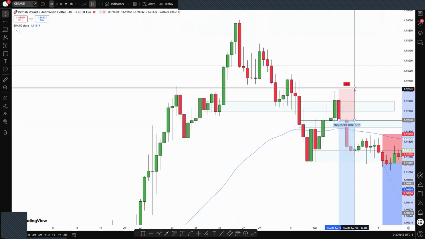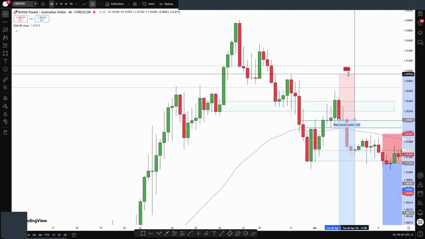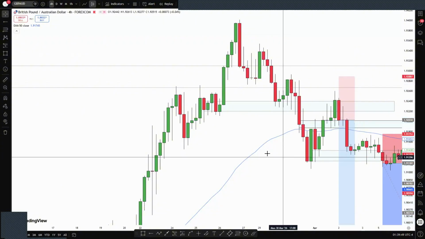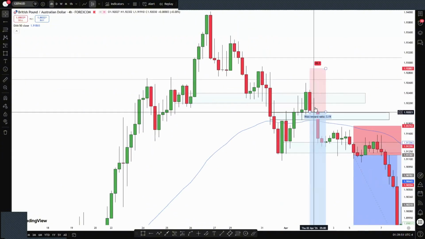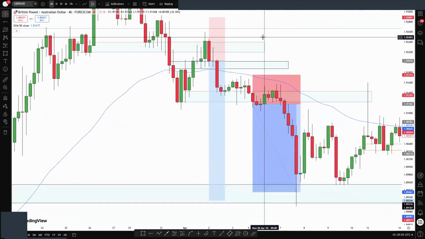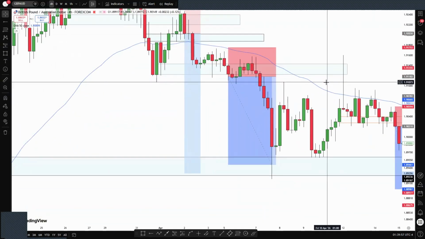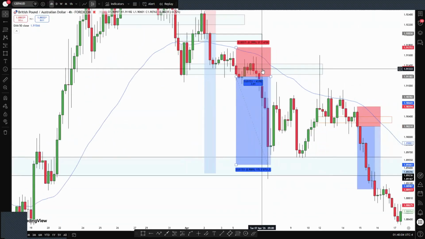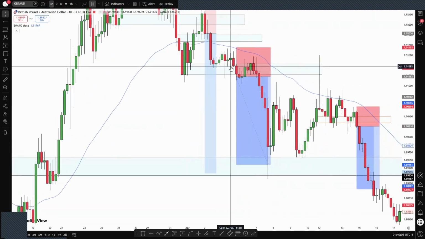But there are pairs that do that where I just put it here and I'll be fine. But this one I have to put it here because I know there's a higher chance, like you can see the next candle, it might even come all the way back here, then reject and sell off. So that's how these pairs move.